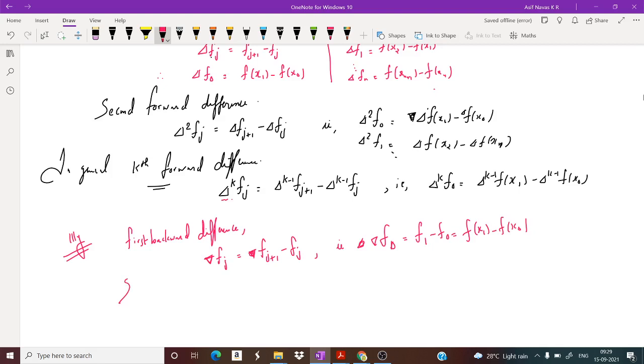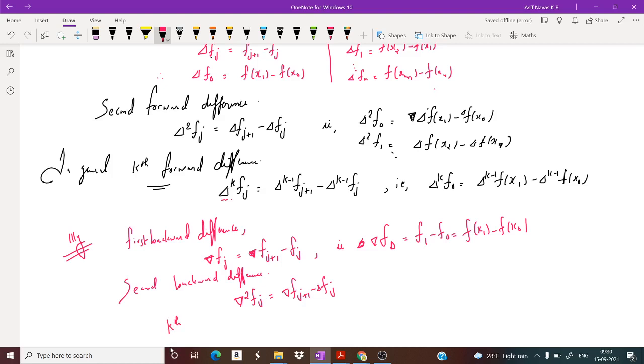Now what is second backward difference? This is the same. There is no difference, only a difference in the notation. That is nabla square fj is equal to nabla fj plus 1 minus nabla fj.